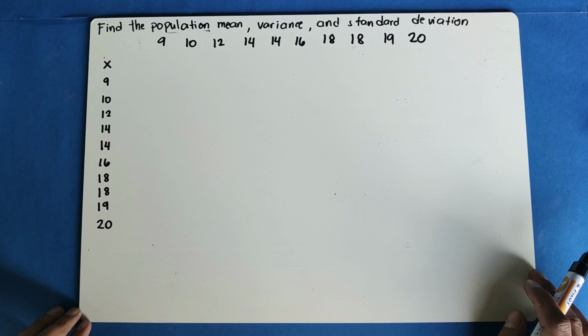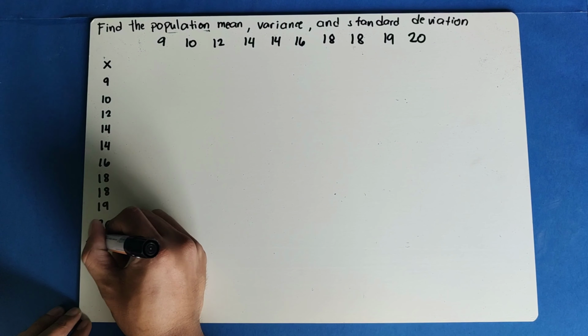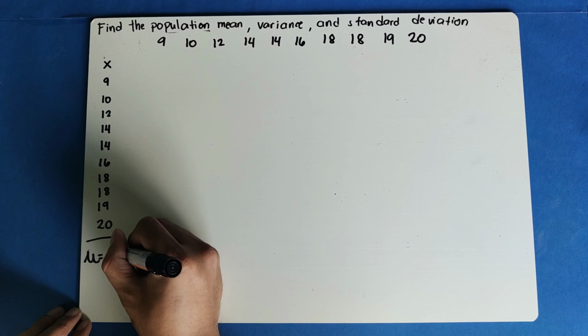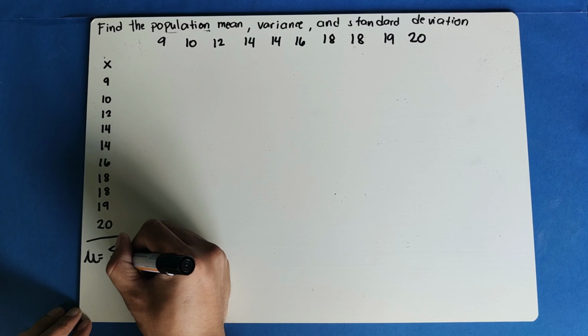So the first thing that we need to do again is find the population mean. The population mean is just the summation of x over n.